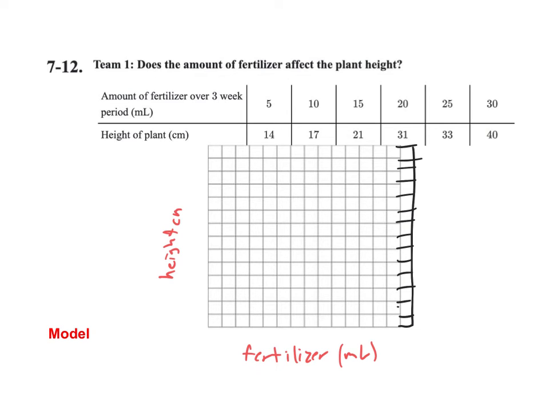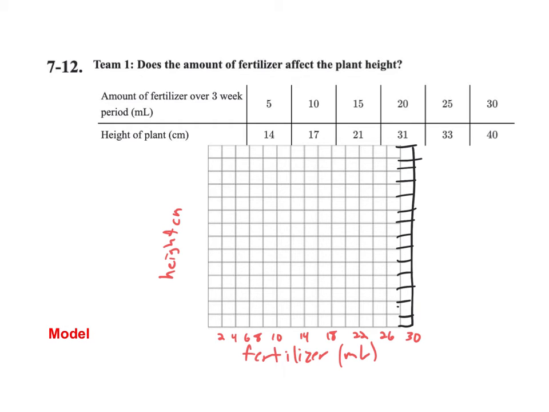So my scale is going to be 2, 4, 6, 8, 10. Then I like to skip count, so I will just jump a couple of numbers here, just because I think that it makes my graph a little bit easier to read, and I'm a little bit lazy.